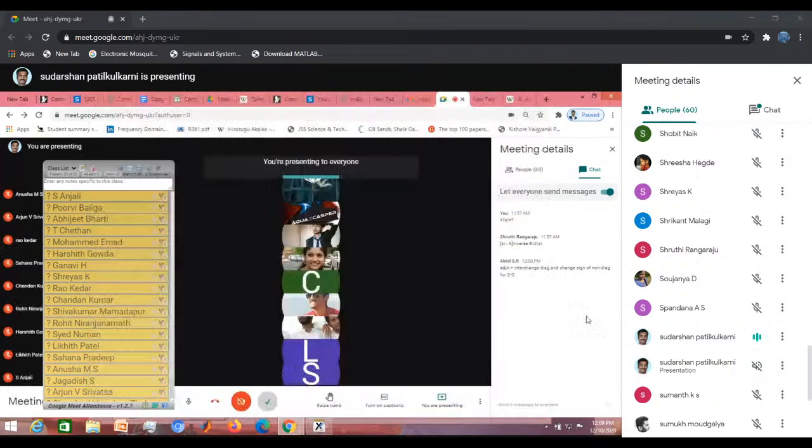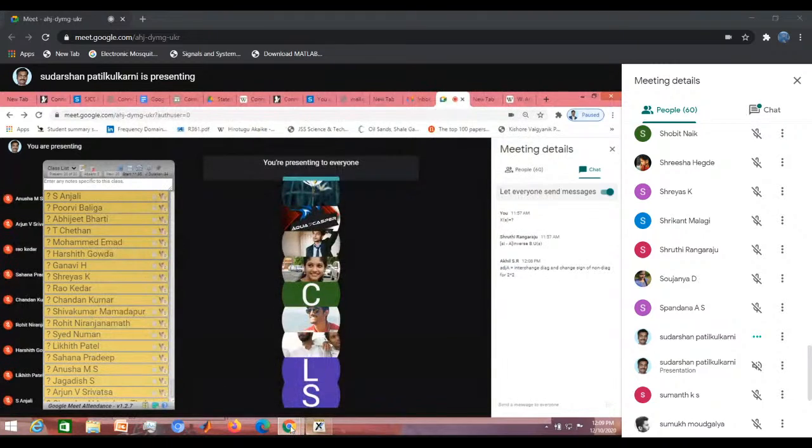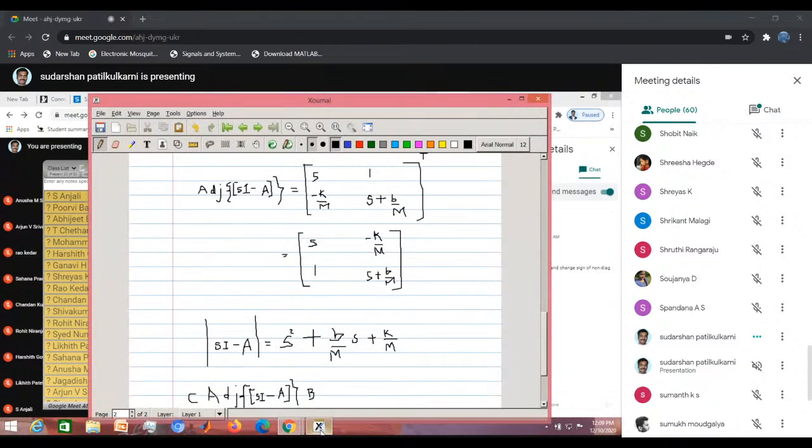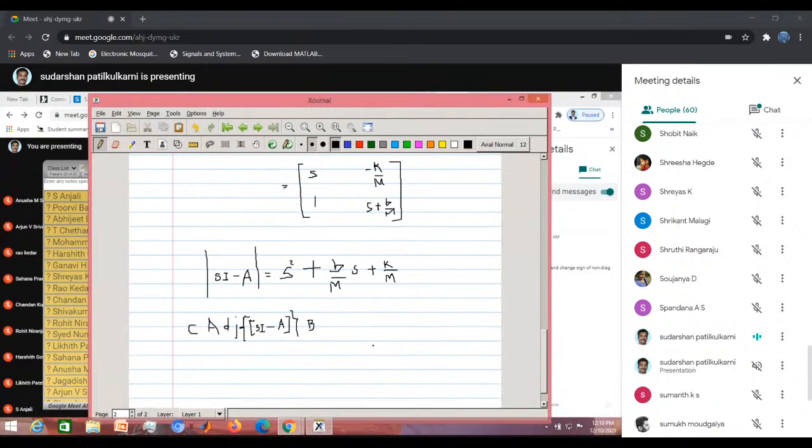Okay. Any other question? So the numerator part is C adjoint of (SI minus A) into B, plus D. That we will not worry about because D is 0 in this model.